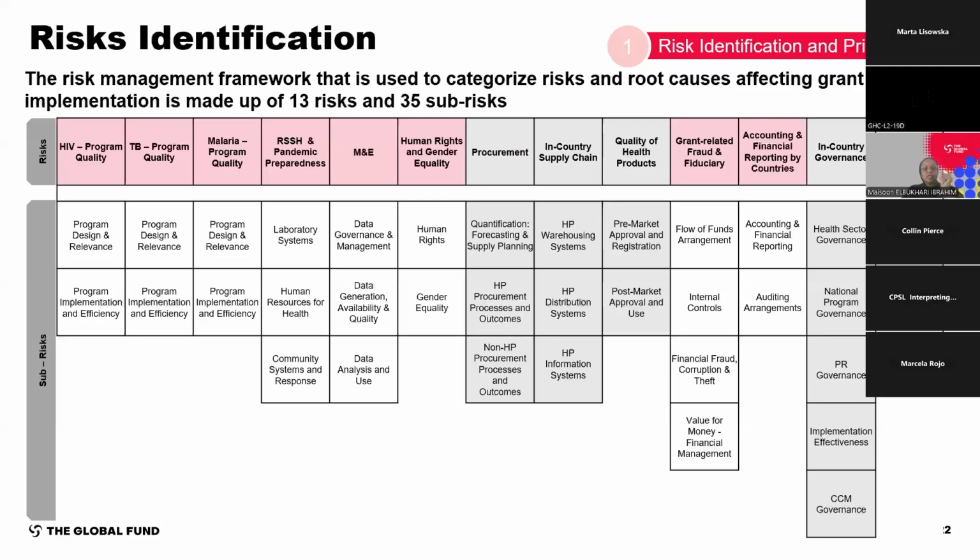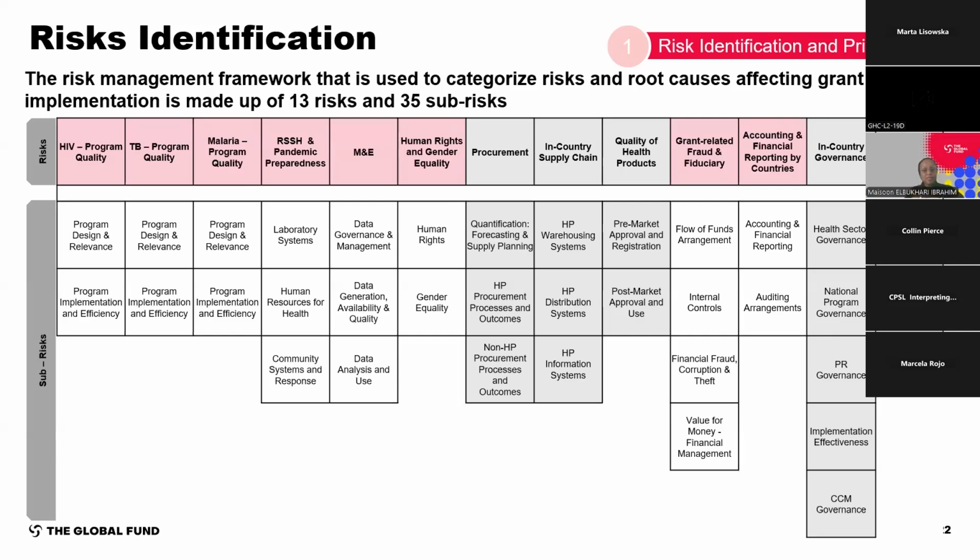This includes risks to program quality and design, risks related to health systems, risks related to monitoring and evaluation, and human rights and gender equality. And we always say no commodities, no program. So we also prioritize the risks related to procurement of health and non-health products, risks related to in-country supply chain, and the risks related to the quality of health products.